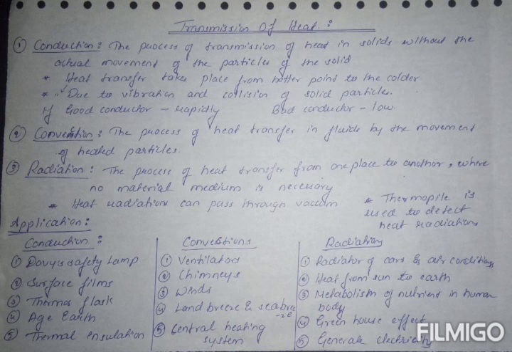Applications for convection are ventilators, chimneys, winds, land breeze and sea breeze, and central heating system. Applications for radiation are radiators of cars and air conditioners, heat from the sun to the earth, and metabolism of nutrients in the human body. And the fourth one, greenhouse effect and generating electricity.